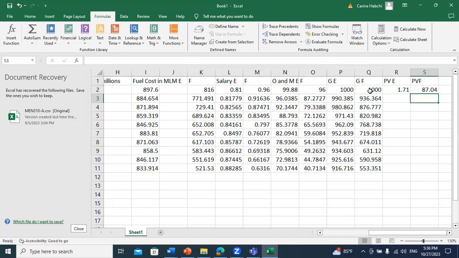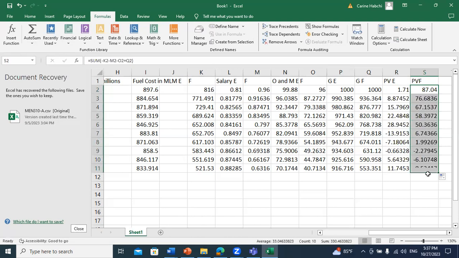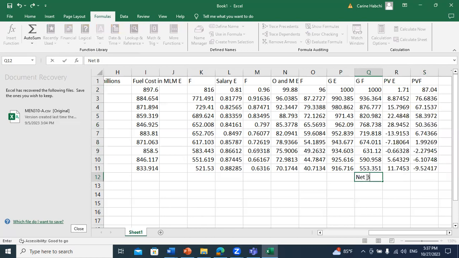We get the net present value for financial analysis. Now we'll do the same for the different years. It seems that this value of selling price is not very encouraging because we are getting negative values. So we can now compute the net benefit over years.